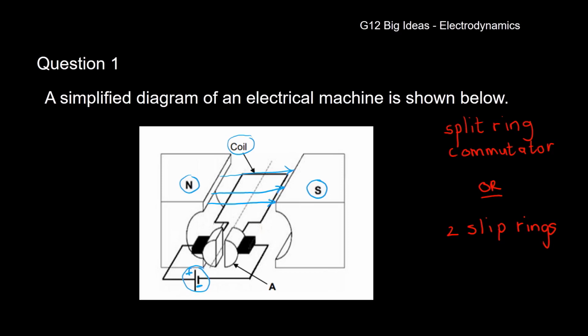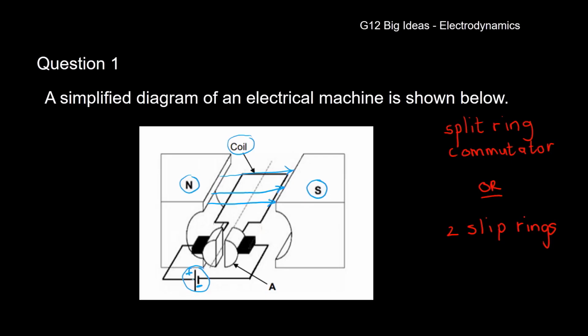When we're dealing with electrodynamics, we are talking about conventional current. So we're talking about the flow of positive charge. So it will move from the positive terminal of the cell to the negative terminal. So we can draw in an arrow showing that the conventional current is flowing from the positive all the way through.